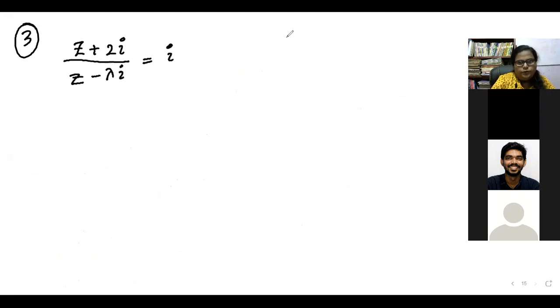So we have to find the result: z equals lambda over 2 minus 1 i plus lambda over 2 plus 1. This is the result we have to prove here, right?